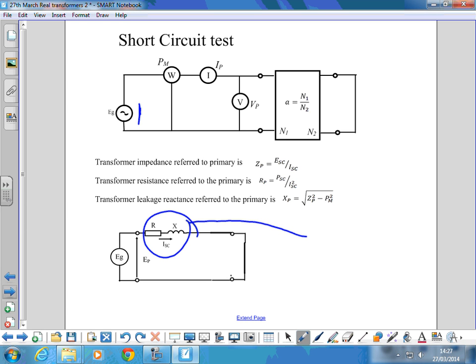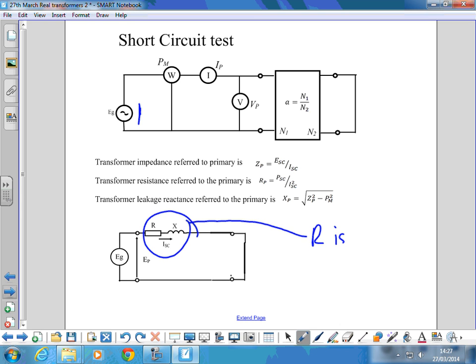We can only get that combined value transferred to the primary. But that means we can put that in a model with a load on and calculate the primary current, and that's all we need, because we're only interested in what real current's going to flow anyway. We aren't interested in those individual values.